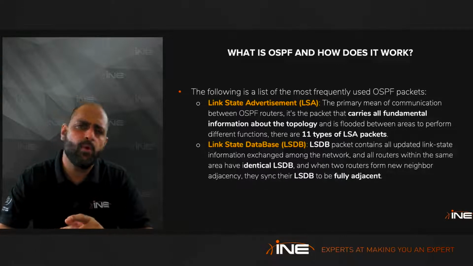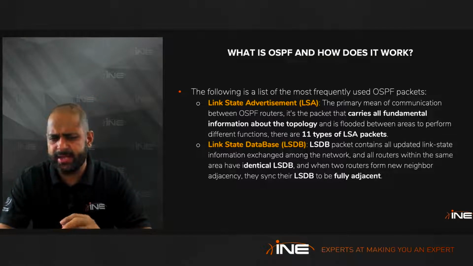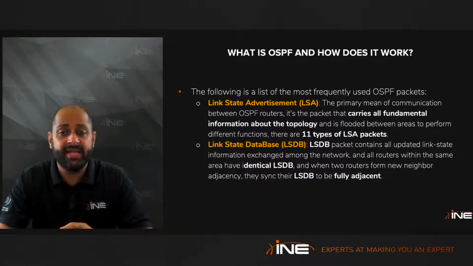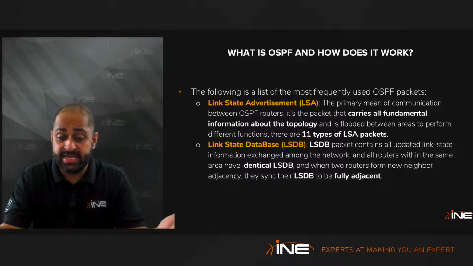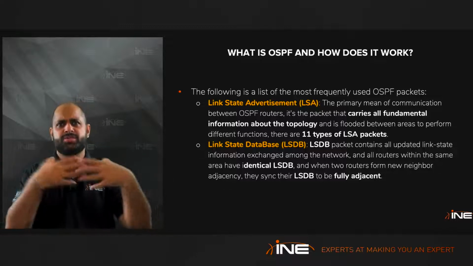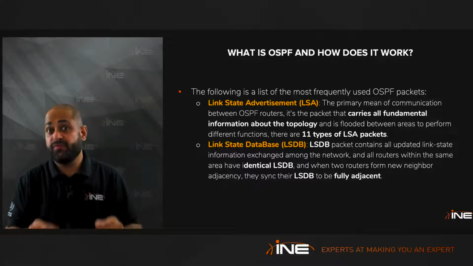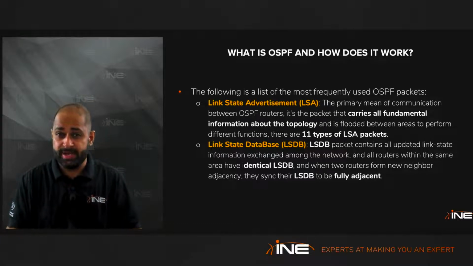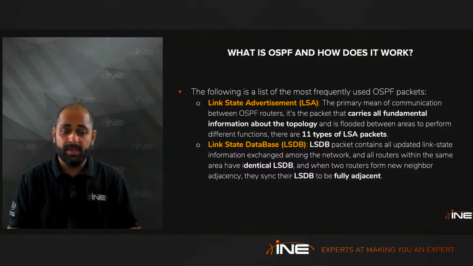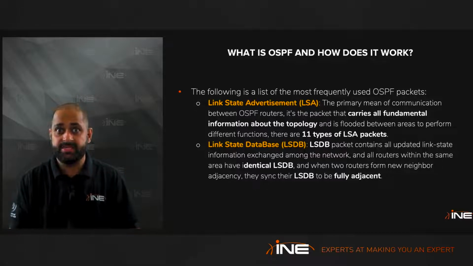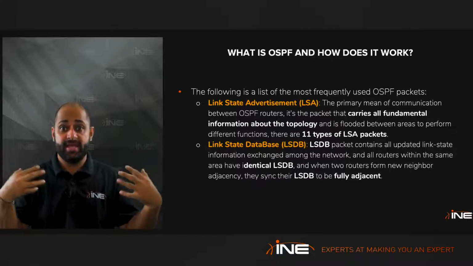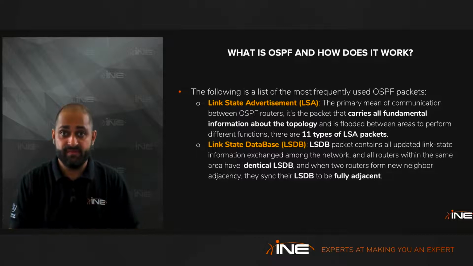The second type of OSPF packet would be a link state database packet. This packet contains all the updated link state information which is exchanged between two routers. If you remember that everybody needs to maintain the exact same copy, the link state database is what all routers within the area need to have the same information.